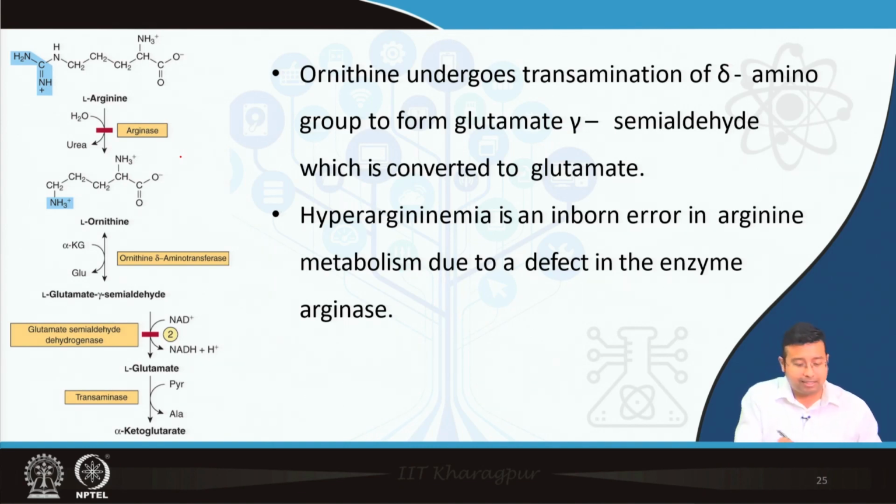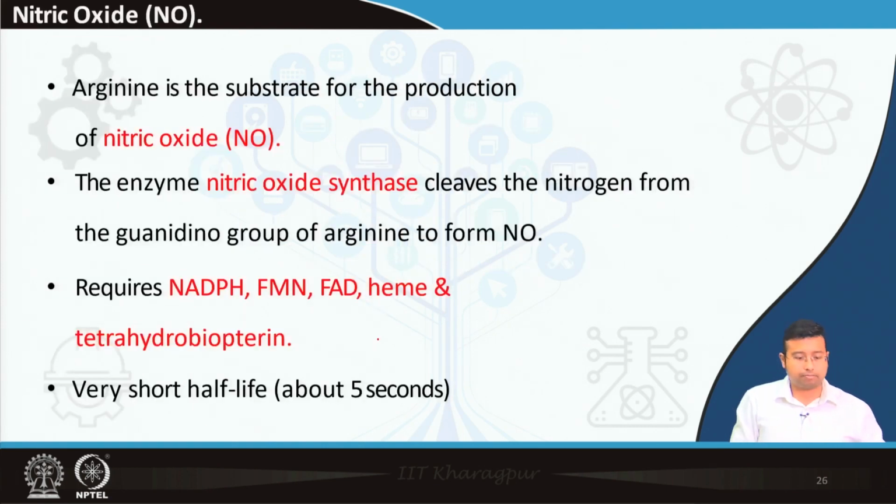It can be transaminated to semialdehyde, the same semialdehyde, very important, and that semialdehyde is converted to glutamate by a dehydrogenase and ultimately by transaminase to alpha ketoglutarate. And you already know from urea cycle disorders that hyperargininemia is an inborn error of arginine metabolism due to a defect of the enzyme arginase.